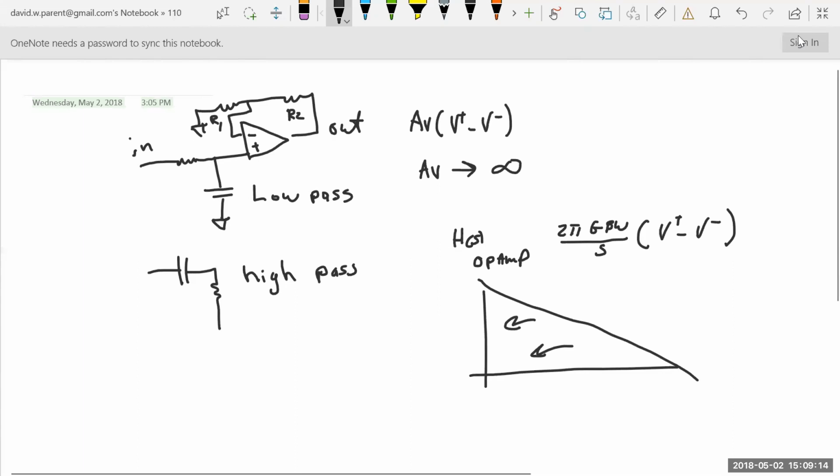Now, if I'm testing with a step function, the Laplace transform of that is 1 over S, so there's infinite frequency. So when I test this circuit with a step function, there will be a response outside of this range. It'll happen. But if I normally keep my signals in that range, I can get away with these simple models, right?